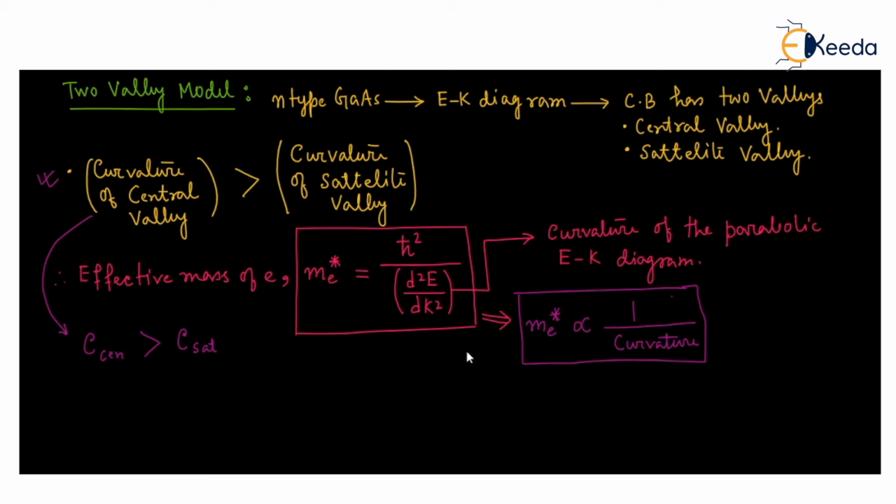Now, since the effective mass of the electron is inversely proportional to the curvature, we can say for the electrons inside the central valley, that is Me star at the central, and Me star, that is the effective mass of those electrons which are at the satellite valley.